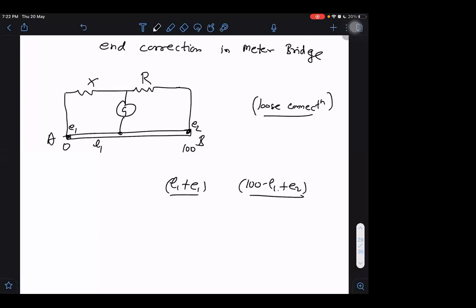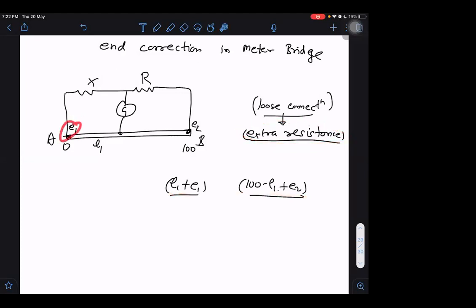There may be some end correction at one end or at the other end. Why is this end correction there? This end correction is due to loose connection. There will be extra resistance added. How to compensate for this extra resistance? I will have to take extra length. Okay, so there may be questions based on that.